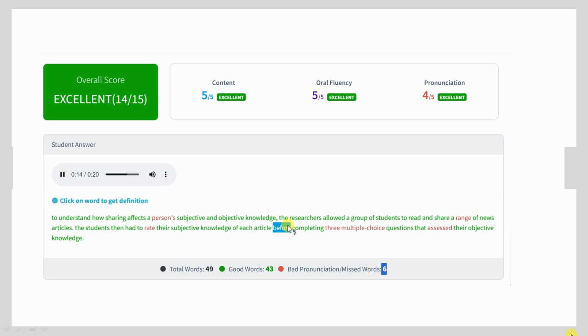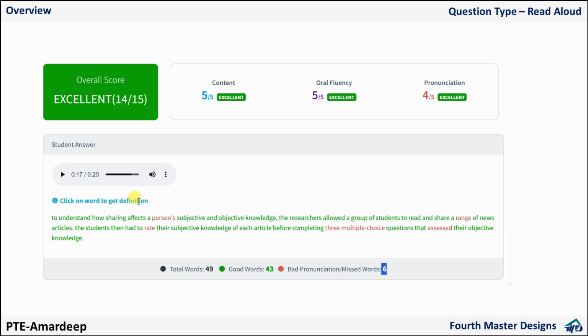"Of each article before completing three multiple choice questions." Now, when I said three, my pitch was a little on the higher side, so it did not even pick up three. Then I said multiple choice also. Listen again. "Choice questions that assess their objective, completing three multiple choice questions that assess their objective knowledge."